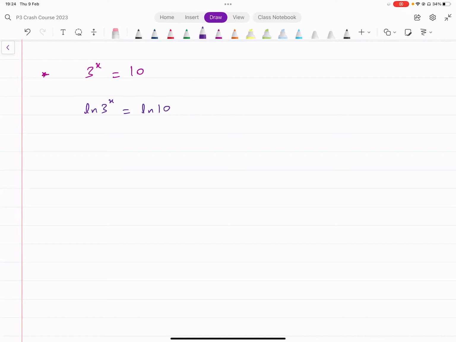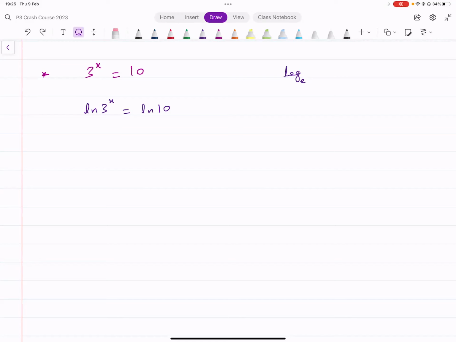Generally, I'll be taking ln. This is the log with base e. You could take another log as well. You can use lg as well, and that's also fine, if you're familiar with that, but this is going to be enough for us. If we just use ln every time, that is going to be enough.